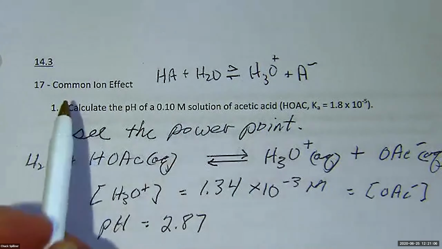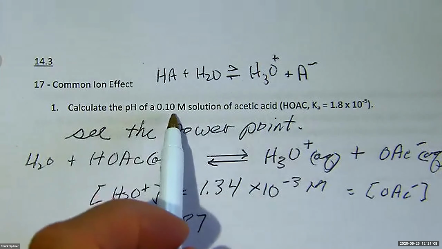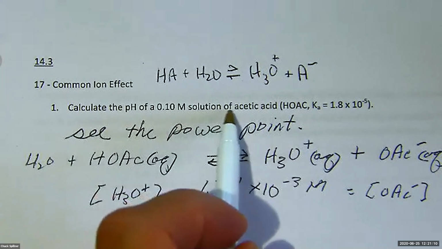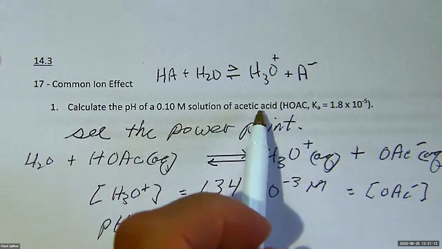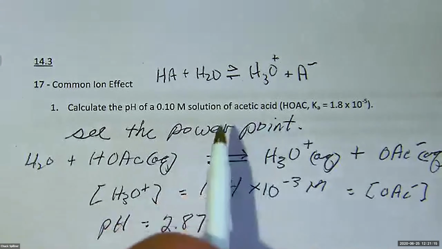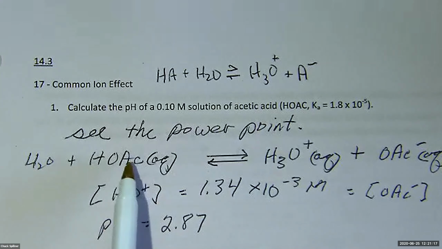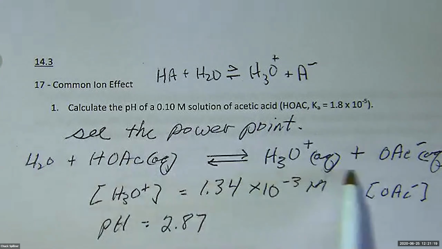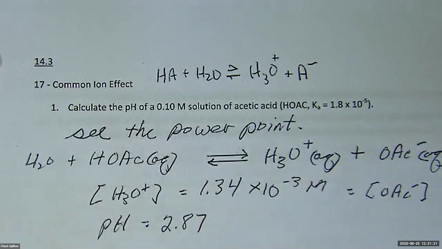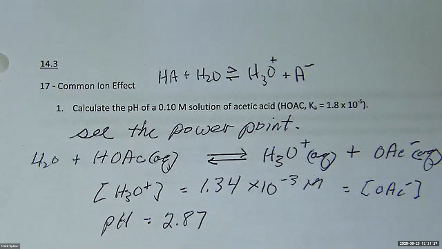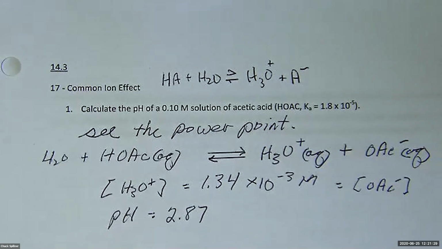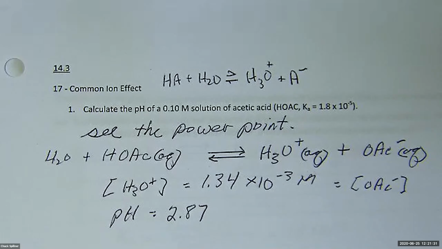And so the first problem is calculate the pH of a 0.1 molar solution of acetic acid. Well, that's what I did in the PowerPoint, so I'm not going to do that again. I just say see the PowerPoint. Here's the equilibrium reaction shown here. I just took a few values off that PowerPoint that we want to refer to.